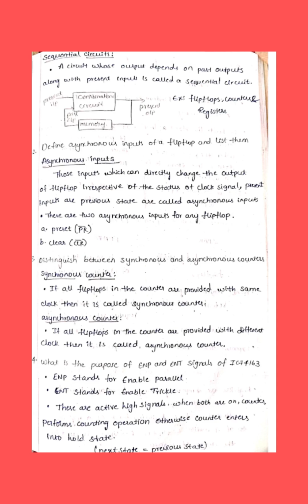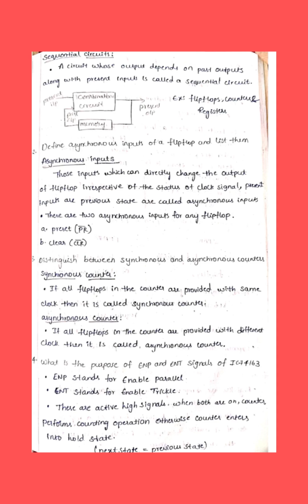Next question: what is the purpose of the ENP and ENT signals of IC 74163? You know IC 74163 is a 4-bit synchronous counter IC. We have studied all essay questions. Here there are two pins: ENP, which stands for enable parallel, and ENT, which stands for enable trickle.